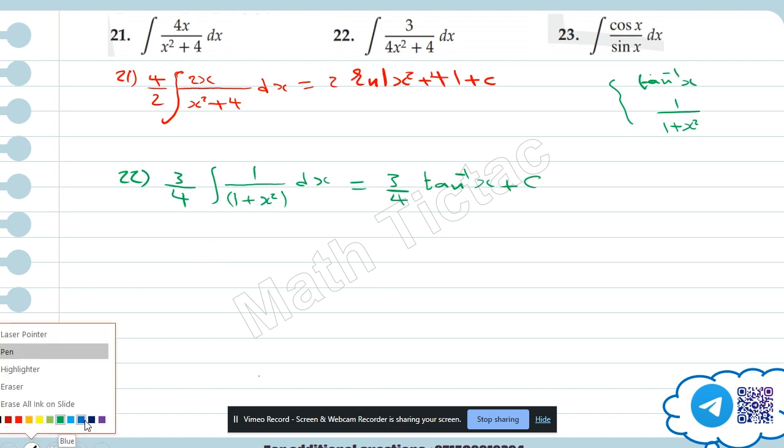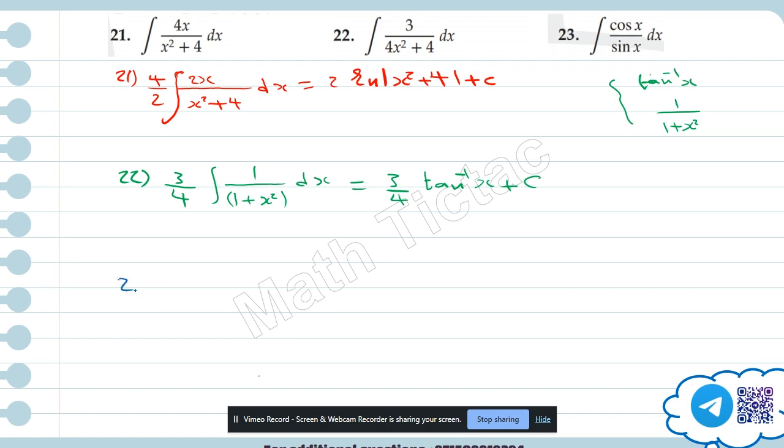Let's move to question 23. This is the integration of cosine over sine. Since we have a numerator and a denominator, let's think about the ln.